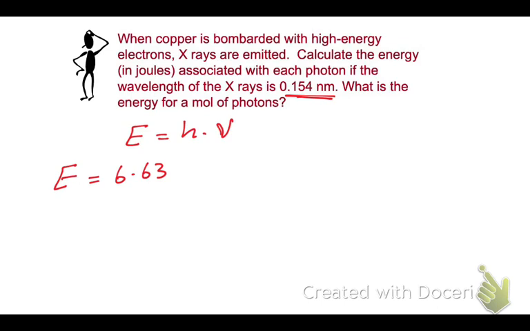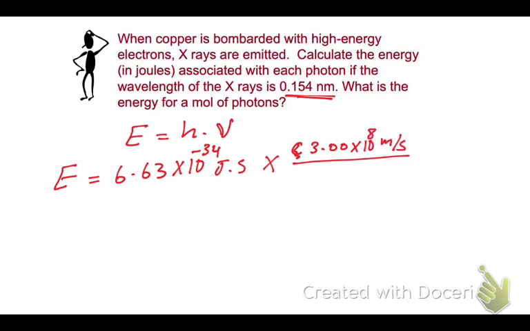6.63 times 10 to the negative 34 joule second times, I don't have frequency, but I can calculate it by speed over wavelength. So the speed, which is c, is 3.00 times 10 to the power 8 meter per second.